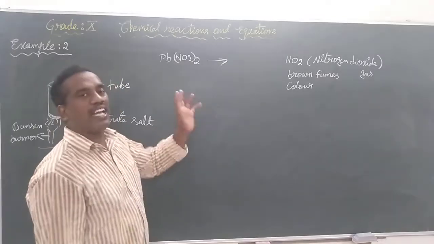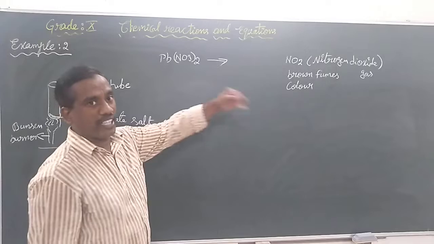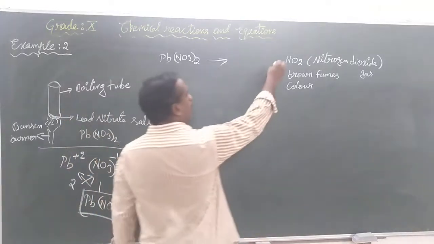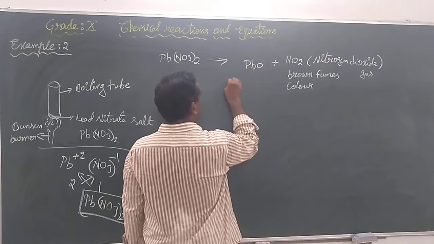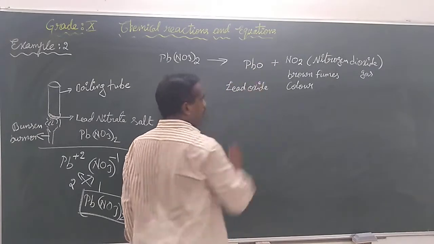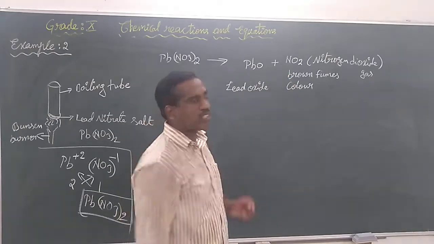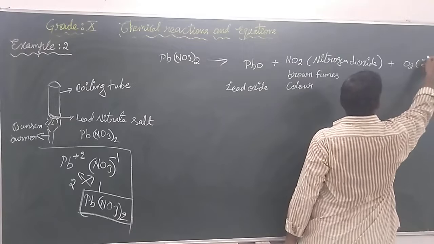Now let us start balancing the reactants with the products. Many products are there. What are the remaining products? The remaining products are lead oxide, nitrogen dioxide, and also oxygen gas.